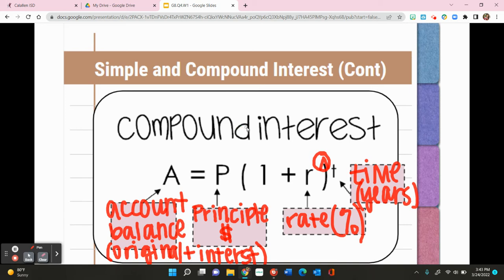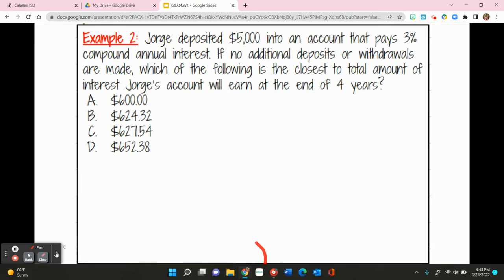Now let's look at an example of compound interest. Example 2 says George deposited $5,000 into an account that pays 3% compound annual interest. If no additional deposits or withdrawals are made, which of the following is the closest to the total amount of interest George's account will earn at the end of 4 years? Let's identify some important information: our principal, our rate, and our time.